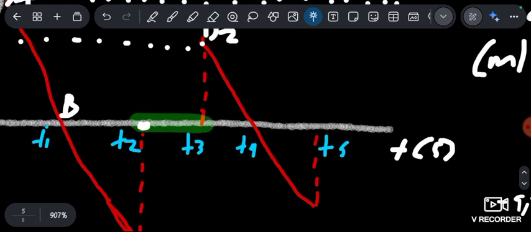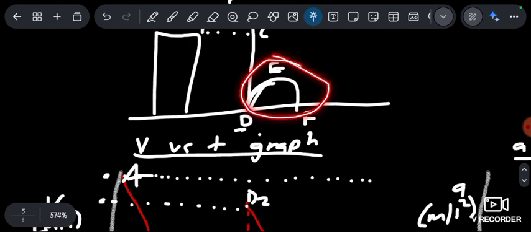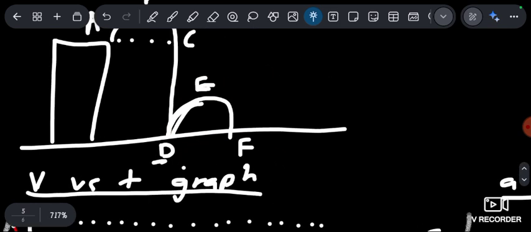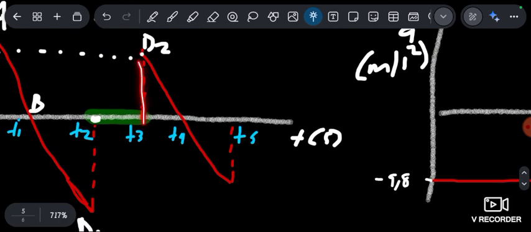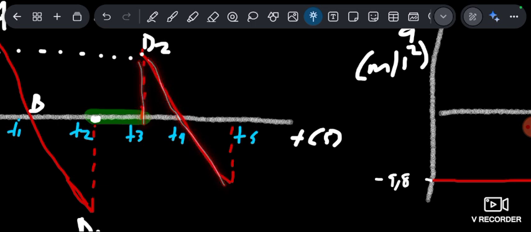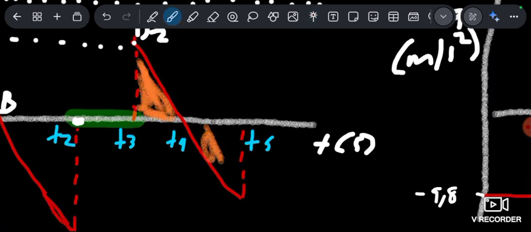But if you look at this other part, this is now scenario number 1. And you said in scenario number 1, the same velocity that it leaves with would be the same velocity that it strikes the ground with, but in the opposite direction, so those two triangles should have the same area.